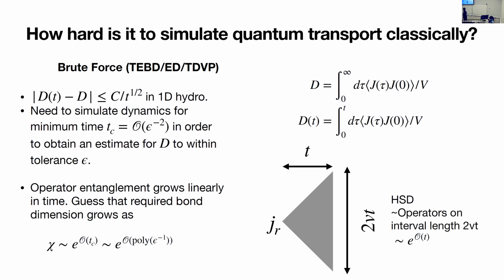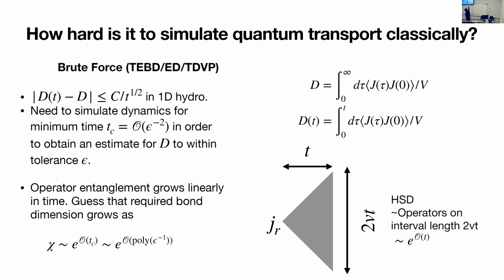Okay. So it's worth trying to improve this sort of thing. I can give you another intuition as to what's going on. If we look at this actual formula for D of t, it's this finite time truncated version of the standard formula for the diffusion constant, basically an integrated autocorrelation function for some current operators in the system.